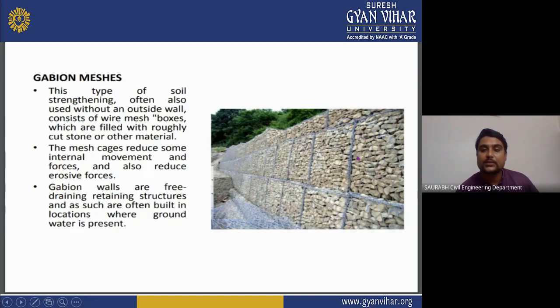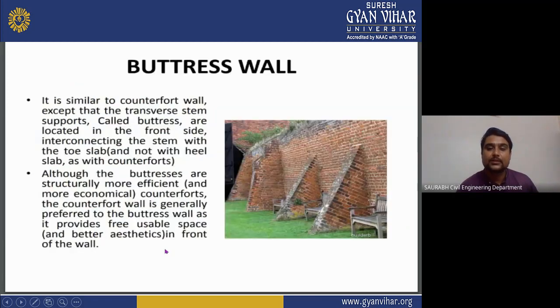This may also be a mountainous area, where stone is retained by these meshes. The mesh cages reduce internal movement and forces, and also reduce erosive forces. Gabion walls are free-draining retaining structures and as such are often built where groundwater is present.